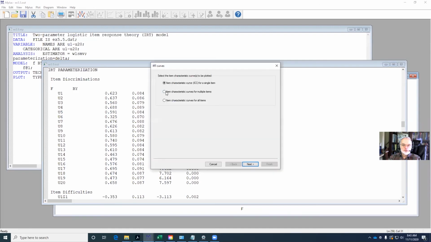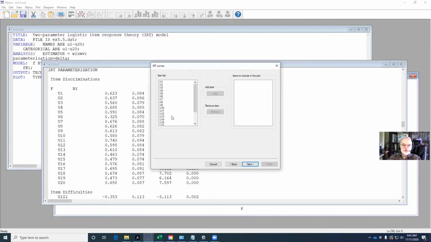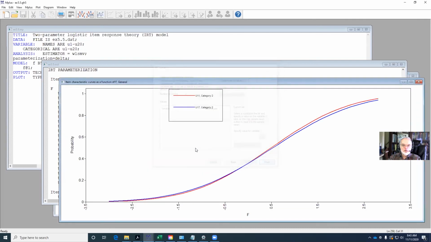So just messing around here, let's get 11 and 17. Okay, so those are two items that are performing almost identically. In practice, even though their discrimination is the same, one item could be more difficult than the other.